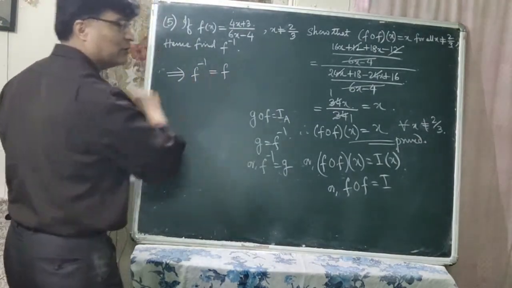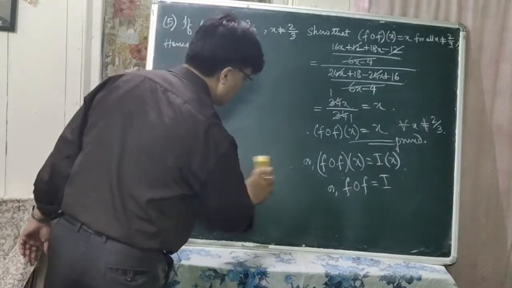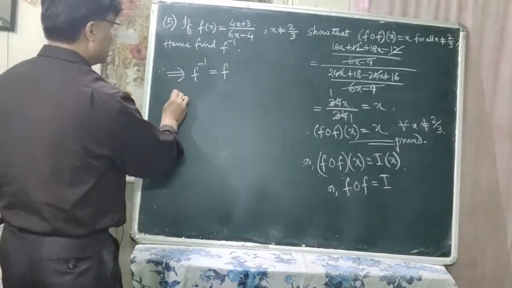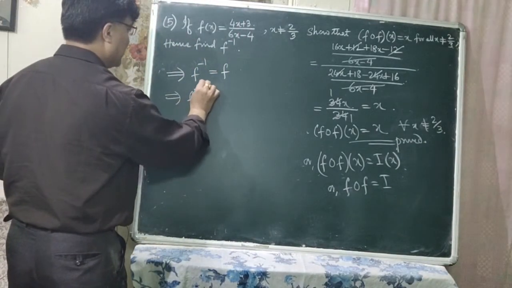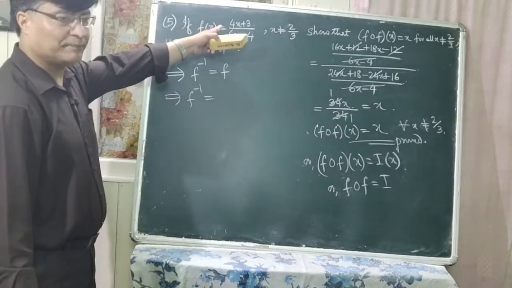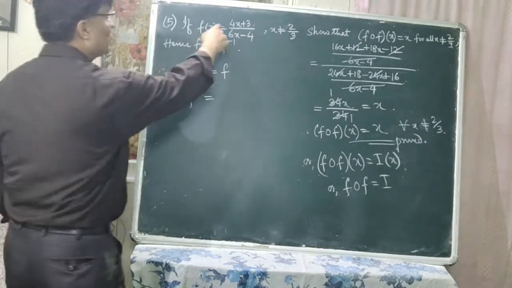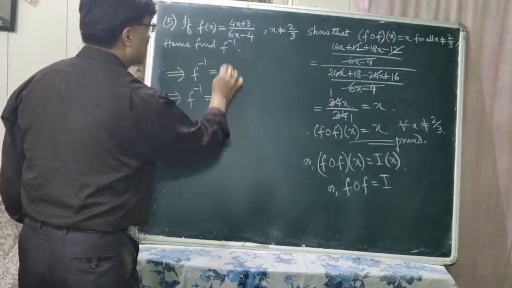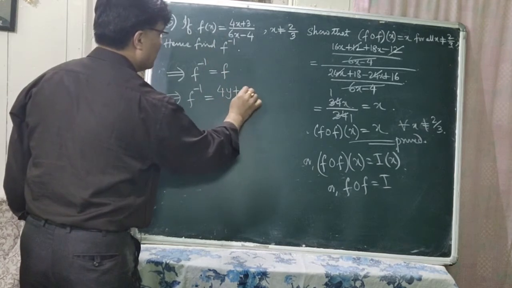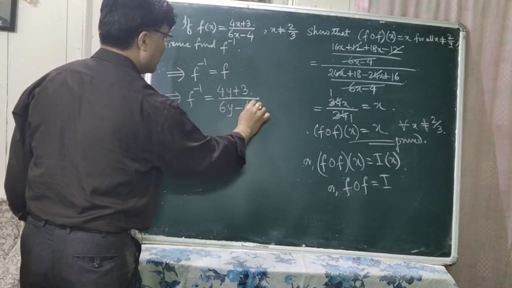So I think you have understood it. Okay. Next, which implies that f inverse is equal to f. F is this function, but you write it in terms of y. So instead of x, you write y, that is (4y plus 3) divided by (6y minus 4).